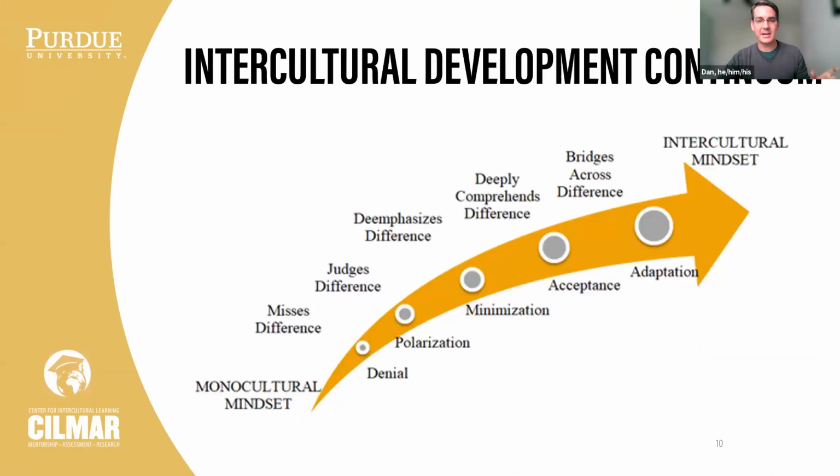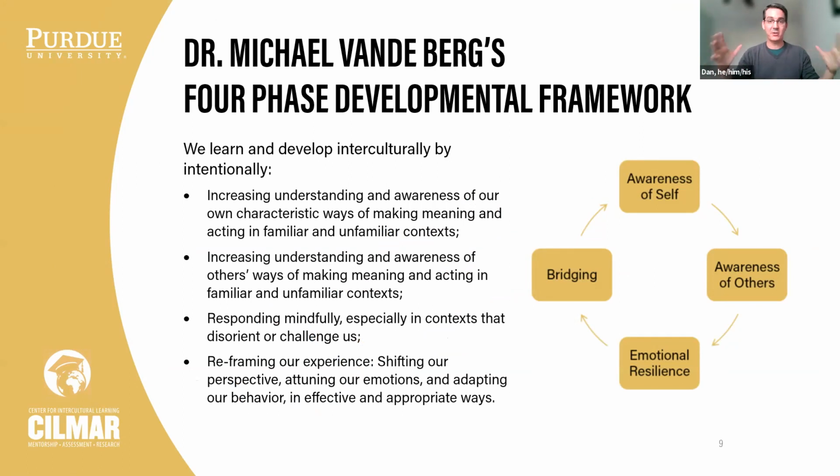So anytime we're going to design an activity, we need to have a particular framework that underpins it: what is the purpose of this activity and what do we want our students to learn from it. One theoretical model, which I think we touched on a little bit, was created by Michael Vandenberg, or Mick Vandenberg. Some of you may have had the opportunity to meet Mick.